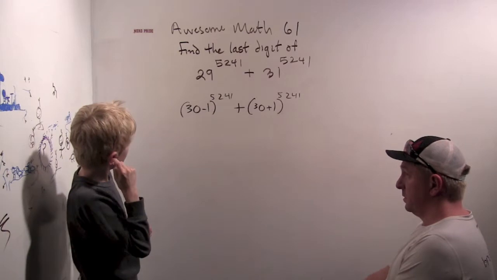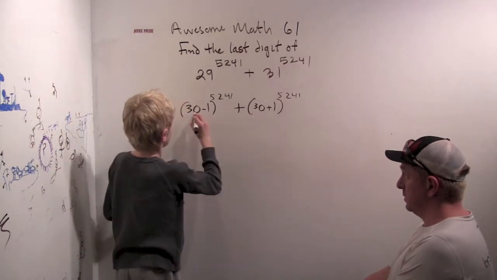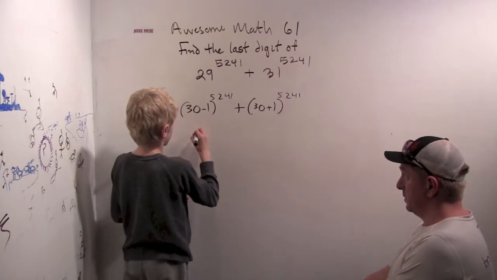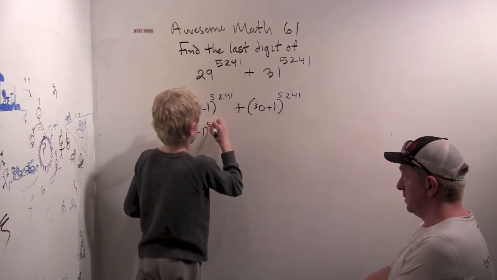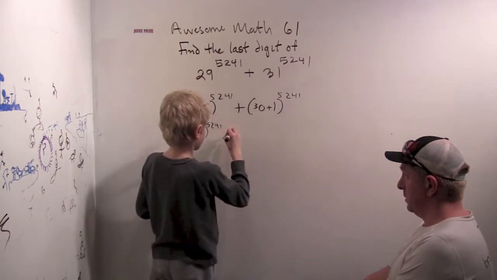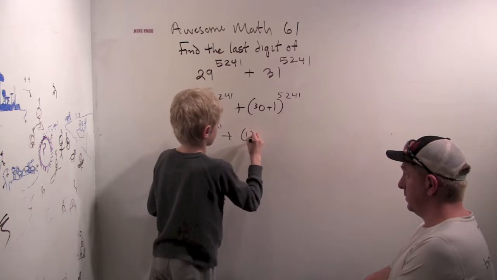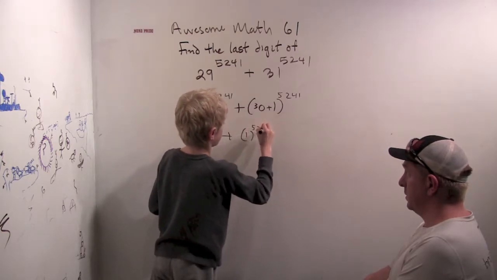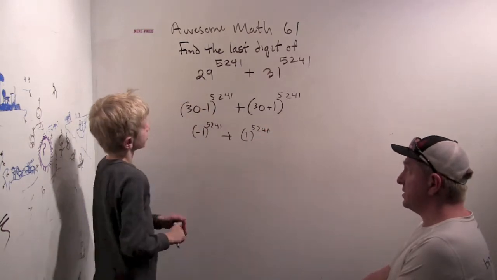Okay. And then, since we have a 30 on both sides, we can cancel the 30. So we get minus 1 to the 5,241 plus just 1 to the 5,241. Okay, so let's talk about that. We're looking for the last digit here.